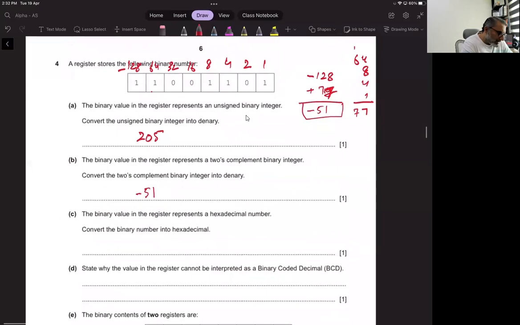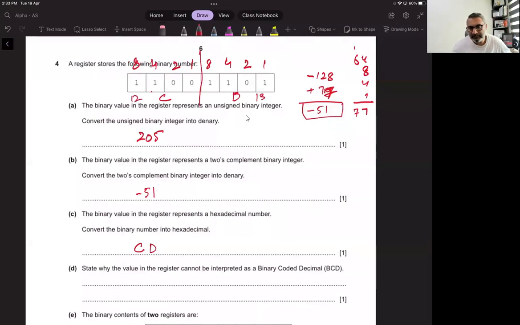So if it is hexadecimal number, in that case, we will be taking it as 2 hex digits. So this is 8 plus 4, 12, C. And this is 8 plus 4 plus 1, 13, D. So this is 12, this is 13.